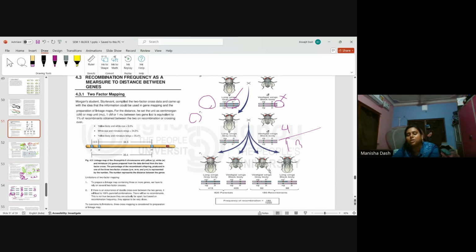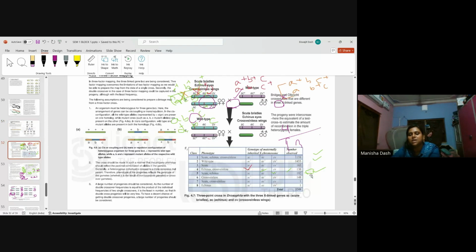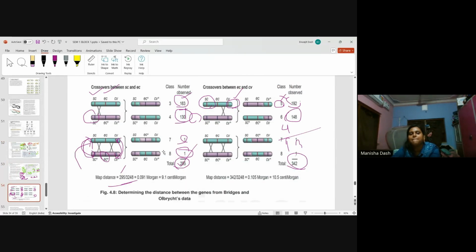In other terms, the distance between the genes is represented by the crossover frequency. So we use this crossover frequency to predict the distance between the genes. The higher the crossover frequency, the greater the distance, and the lower the crossover frequency, the smaller the distance.